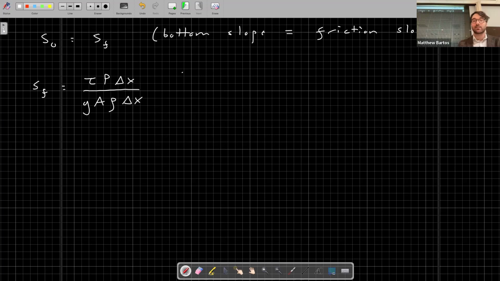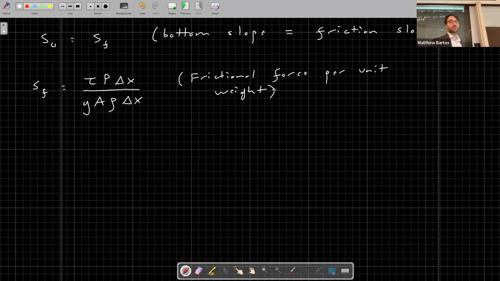Note that this is equivalent to the frictional force per unit weight of water. It's also equal to the energy loss or the head loss per unit length.